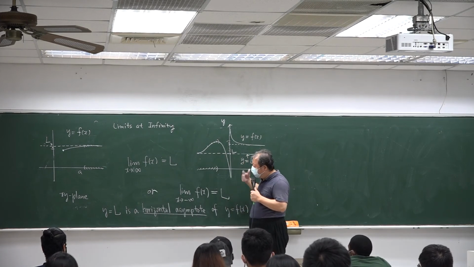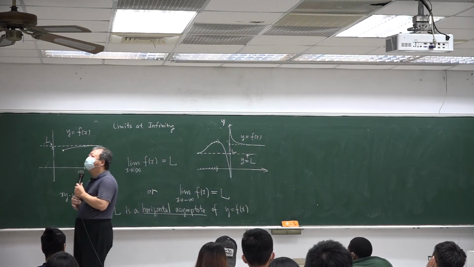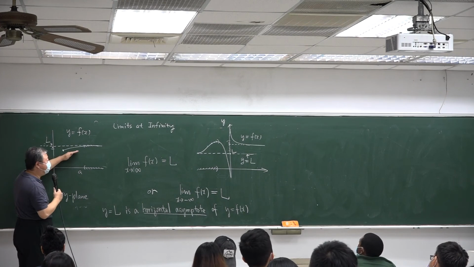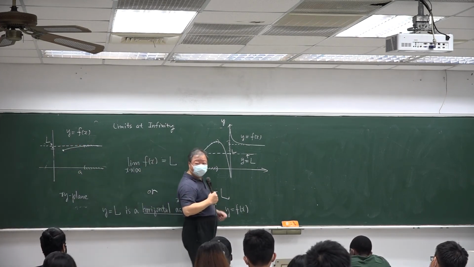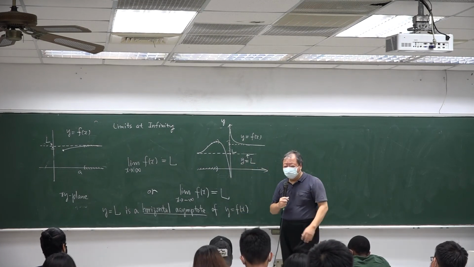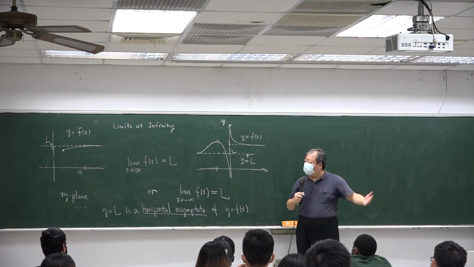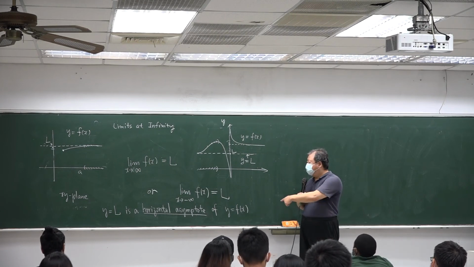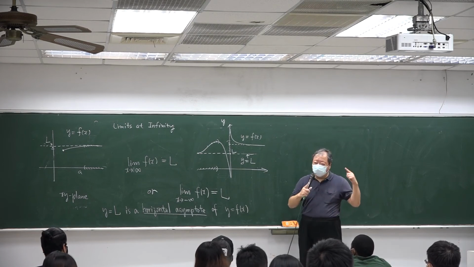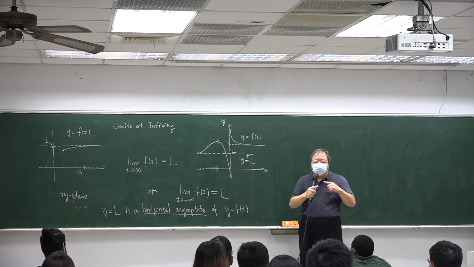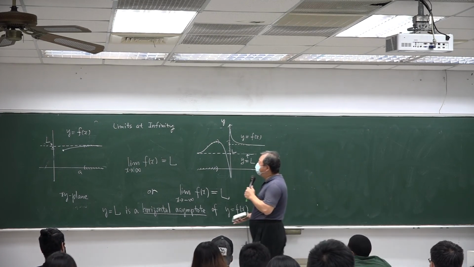Automatically you can imagine the behavior of the function looks like this or like this. If we have a definition and use some terminology, then when we talk about this proper noun, everyone knows what you say. We have the same recognition. Okay, this is limit at infinity.